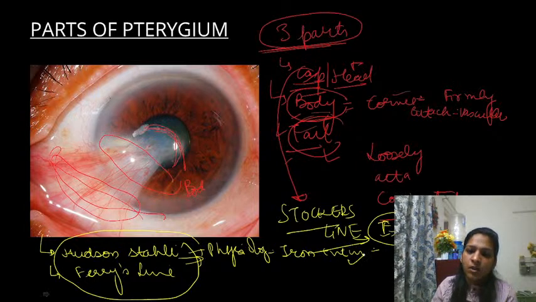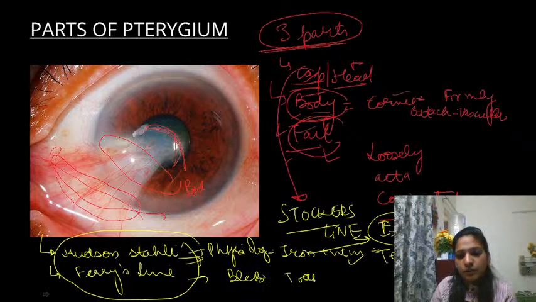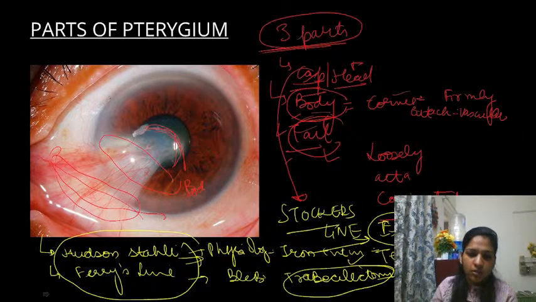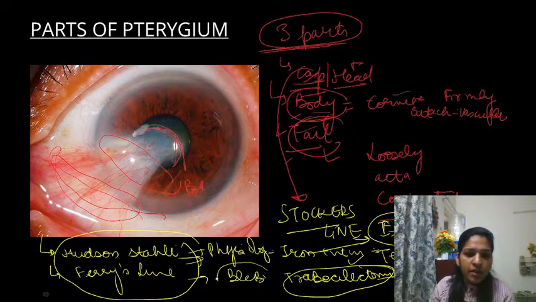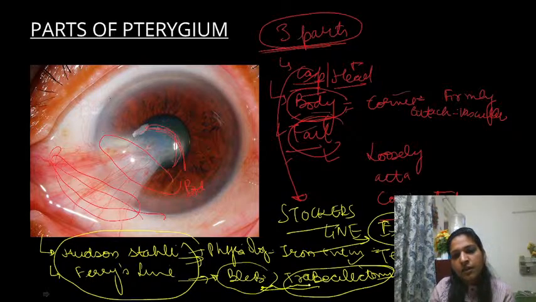Ferry's line is seen in the bleb which we make in trabeculectomy, a procedure we use in glaucoma patients. That is not a part of this discussion, but just remember Ferry's line can form in the bleb made in trabeculectomy.